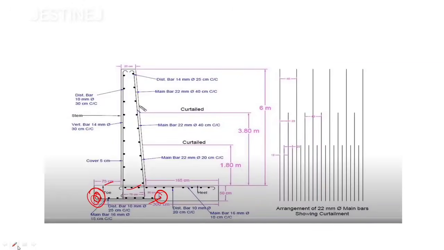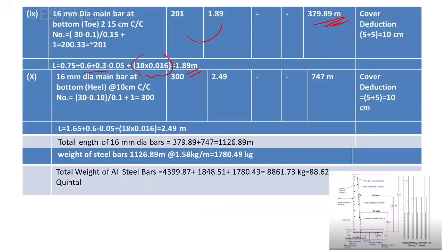Okay, once again, we are calculating this main bar with 16 mm diameter: 165 plus 60, then reduce this side, then add 2 hooks, 290. Okay, so you'll get 2.49 meter, and you can easily calculate the numbers also, that is 30 minus 0.1 divided by 0.1 plus 1, you will get 300. Then 300 multiplied by 2.49, you will get 747 meter.